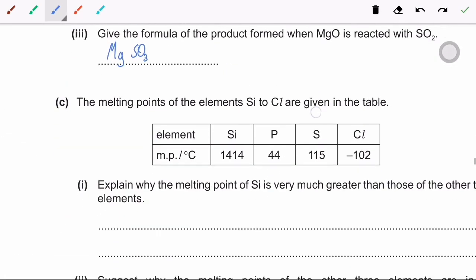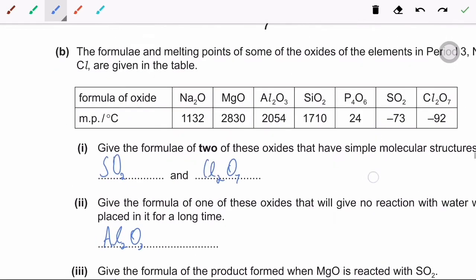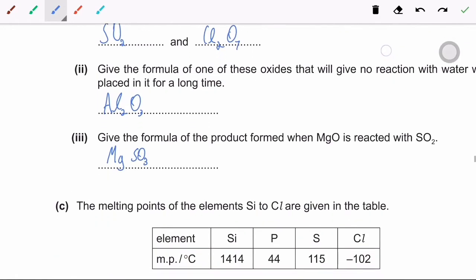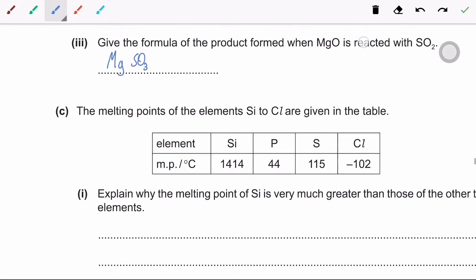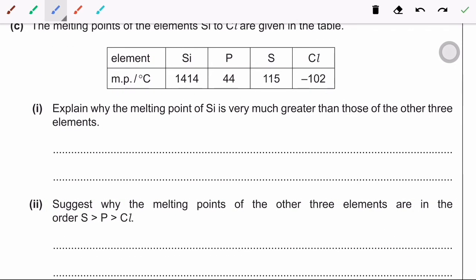The melting points of the elements Si, P, S and Cl are given in the table. Explain why the melting point of silicon is much greater than those of the other three elements.